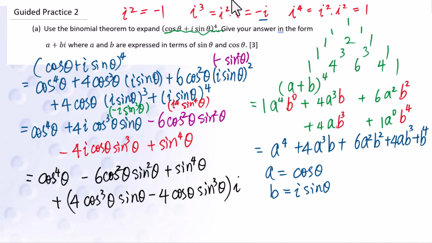Check the exponents. The sum of exponents in each term should be 4, which means you will be on the right track.